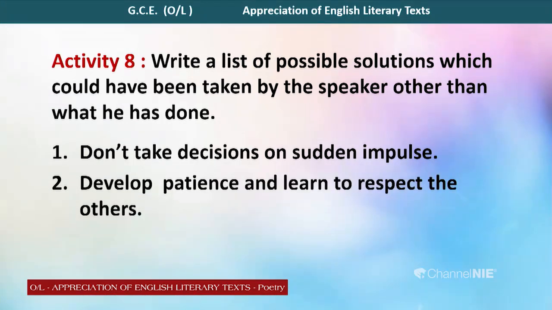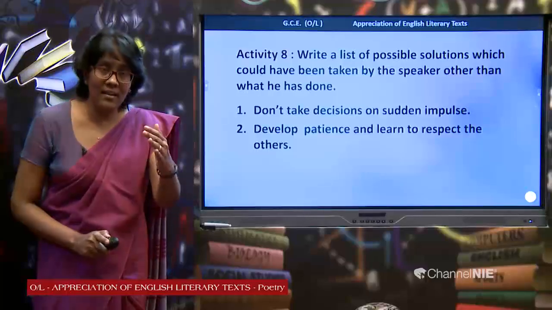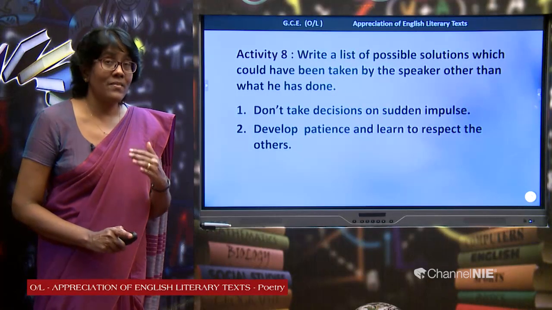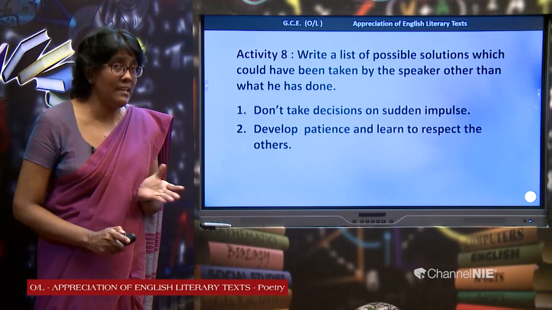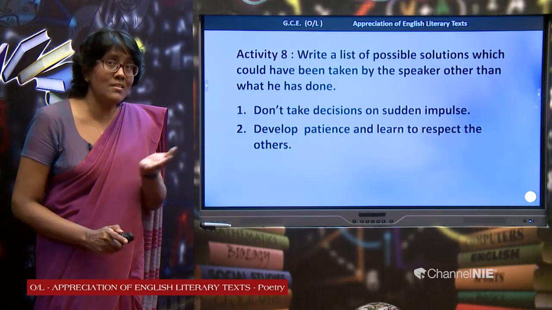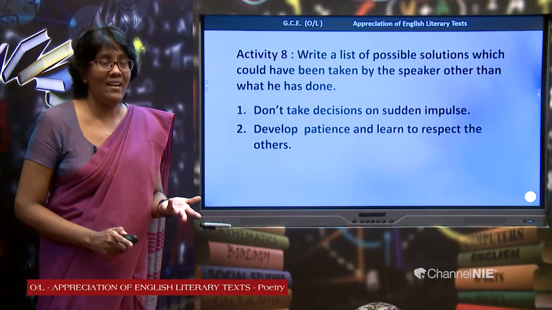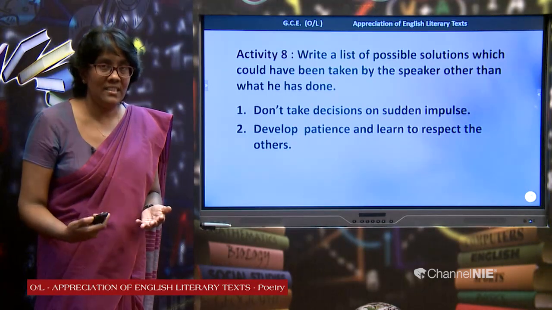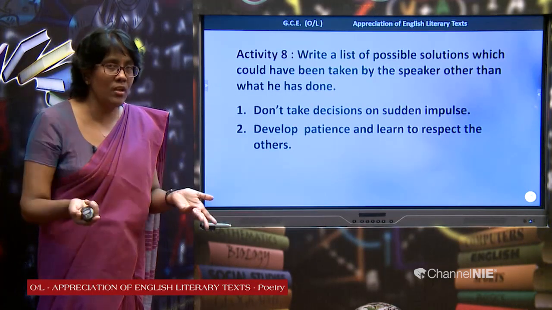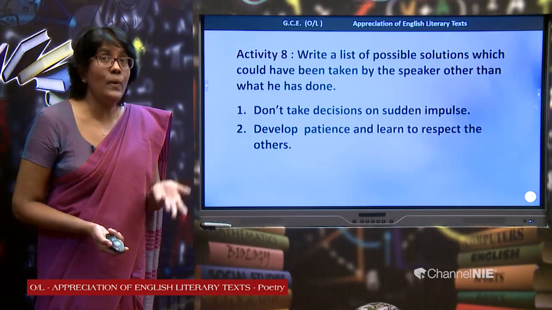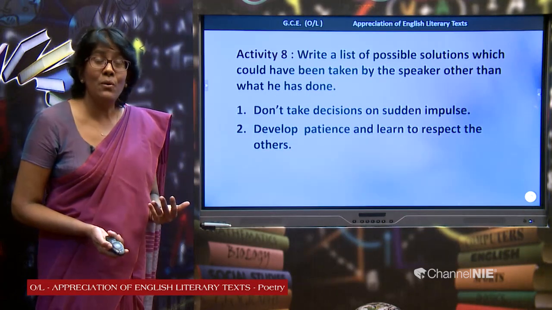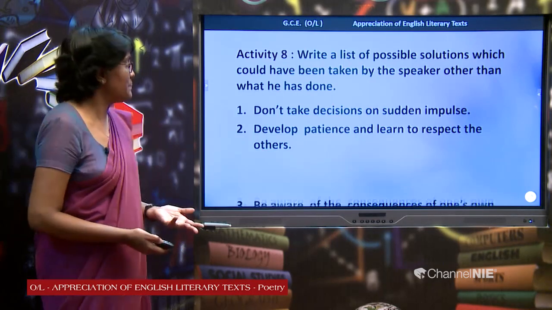Another thing is develop patience and learn to respect the others. Another important point that you can identify here is you should respect everybody, respect one another. Such good behavioral patterns will help you to have a peaceful life.